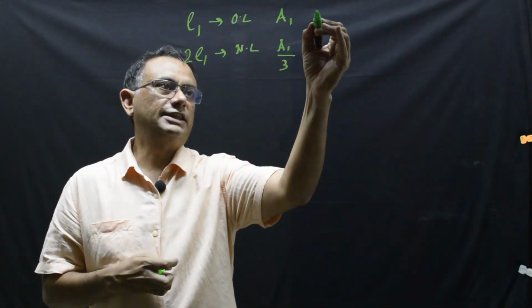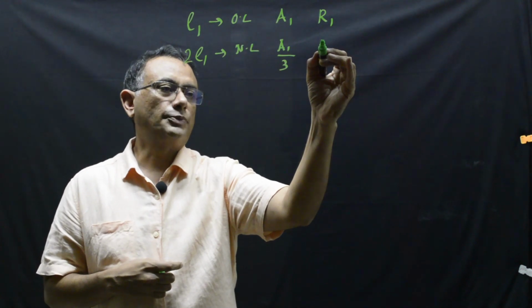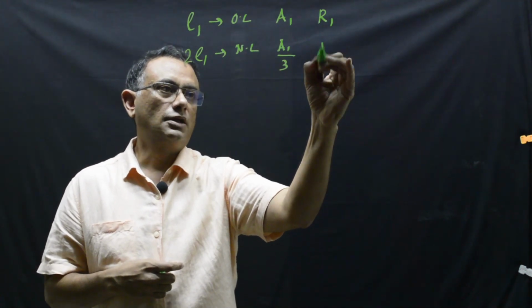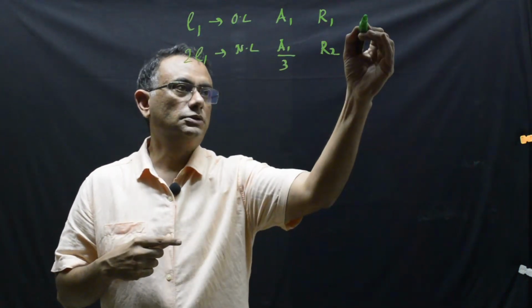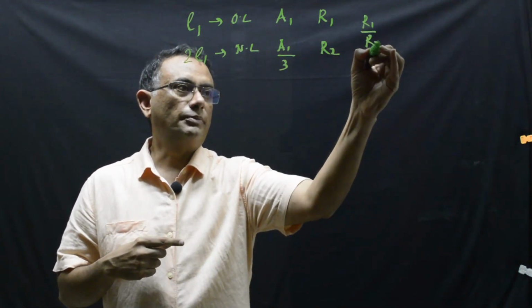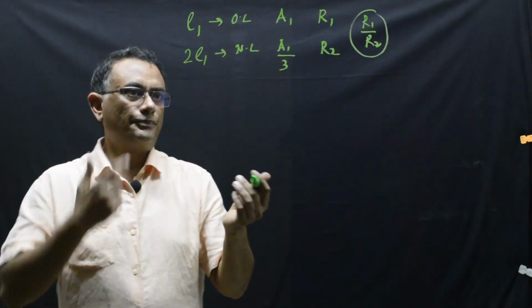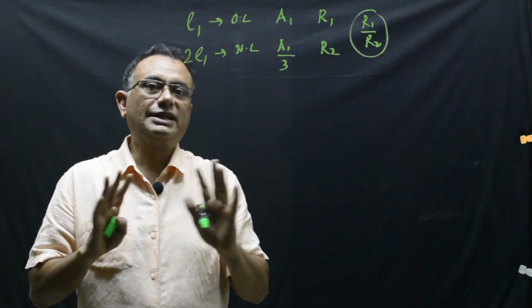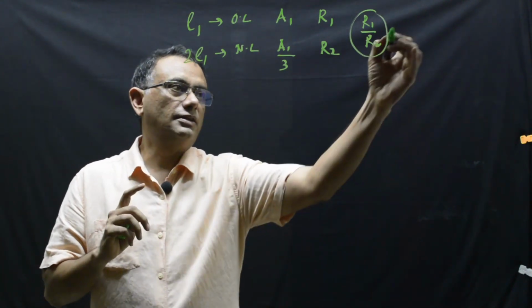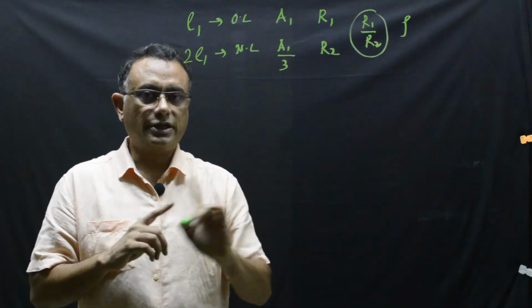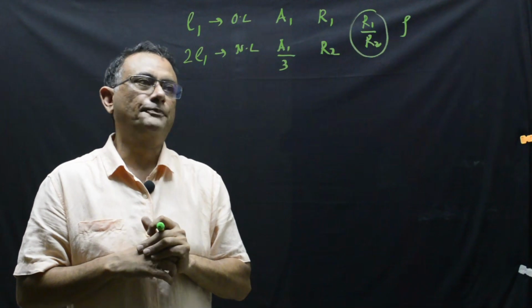We are now supposed to find the ratio of the resistance. Let's say initially the resistance was R1, and we need to find R2, and therefore we compare R1 by R2. What is going to be R1 by R2? Because the material of the wire has not been changed, we take rho and keep it constant for both the first and second conditions.